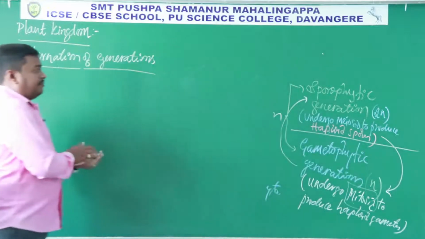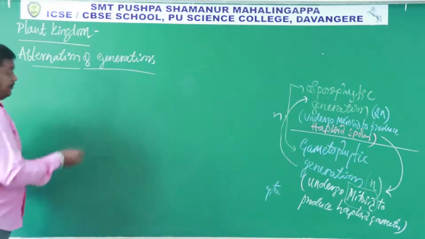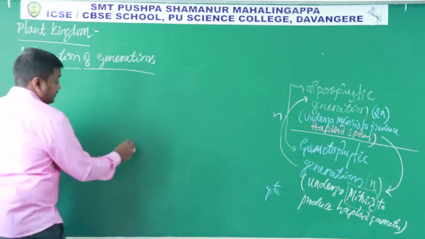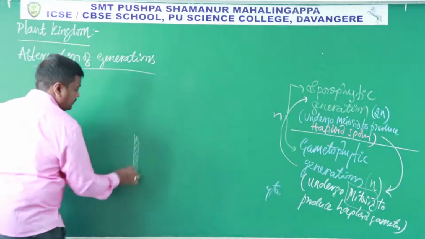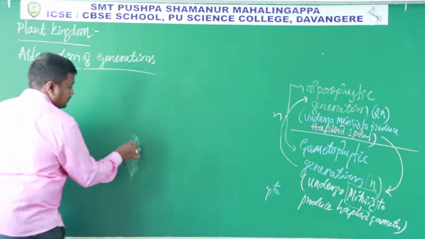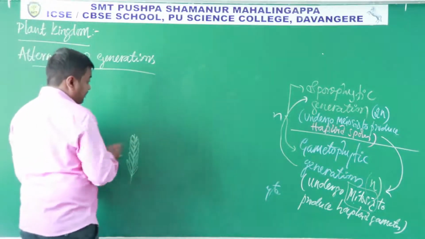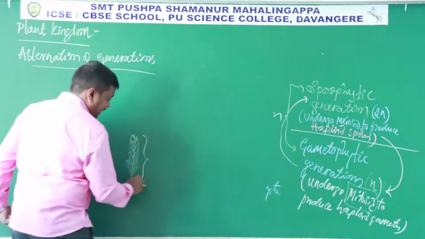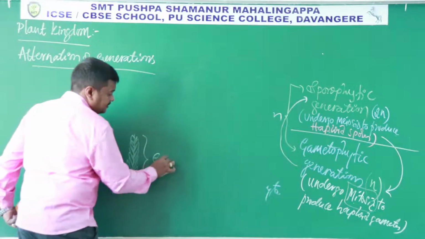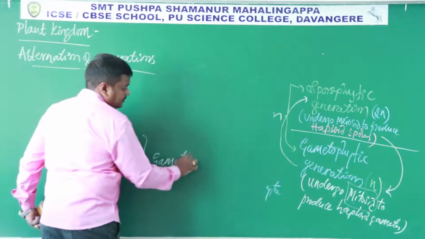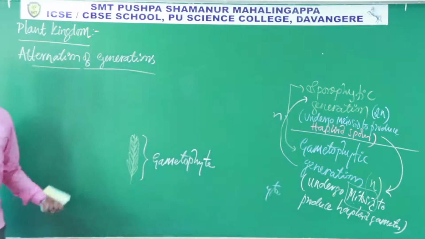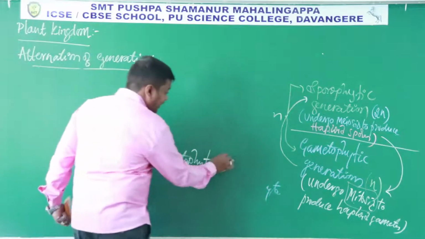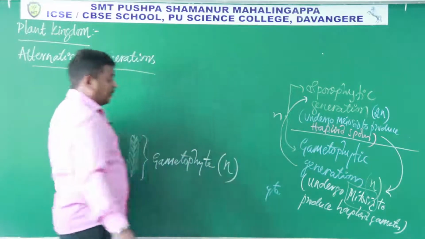Let me take the bryophyte to explain it properly. In bryophytes, the main plant is the gametophyte and it is haploid.